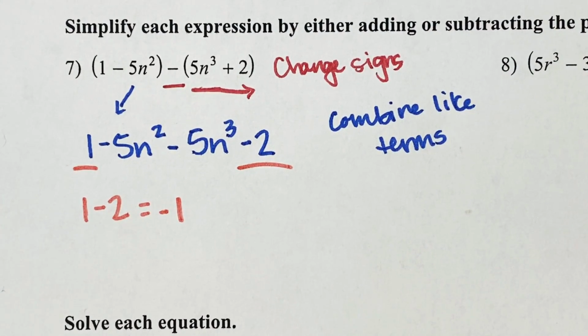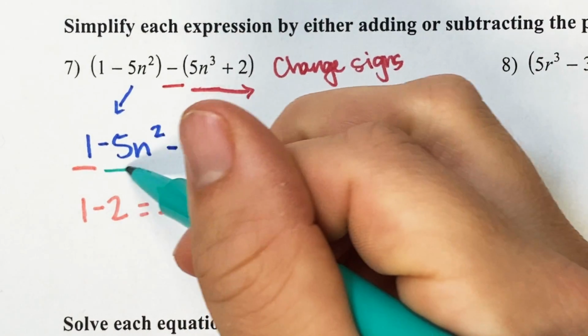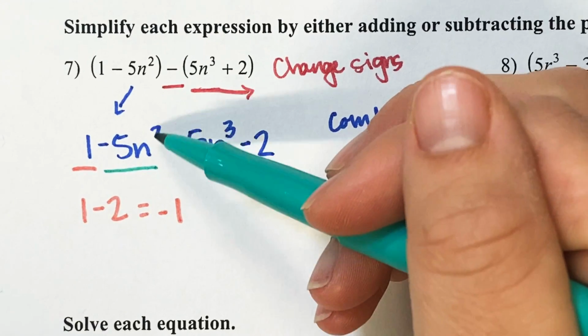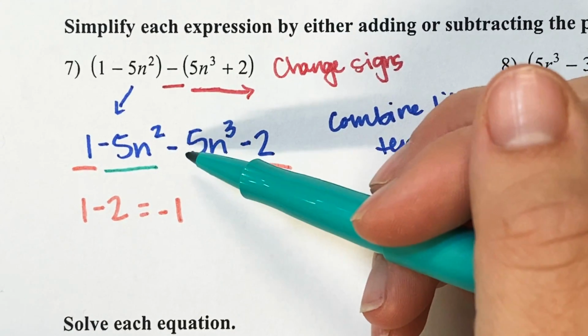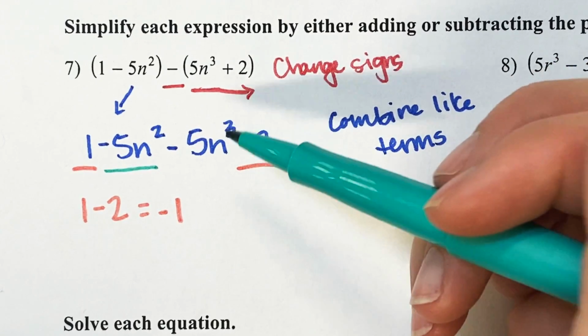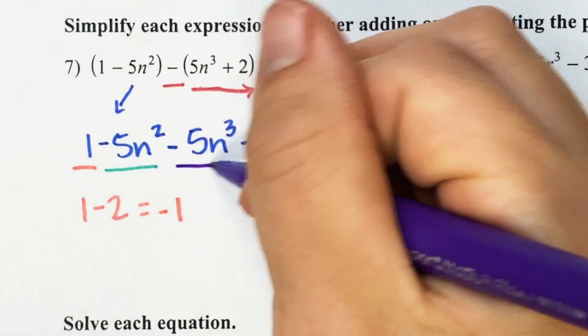Okay, my next term is a negative 5n squared. So we need the same variable, n, but it also needs to be to the second power. So let's look at this one. It has an n, but this is to the third power. So we cannot combine those. Those are not like terms, okay?